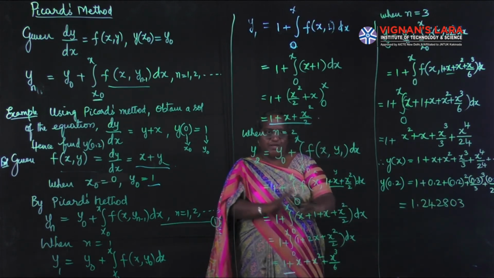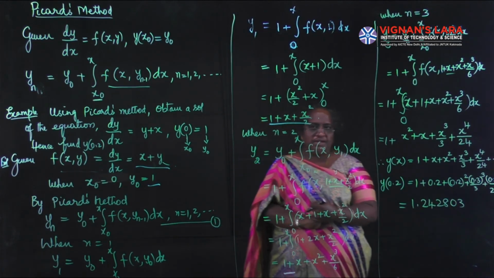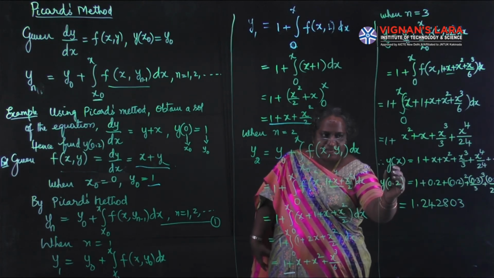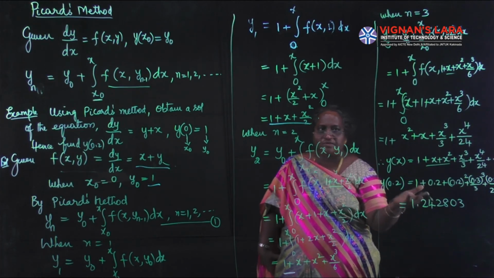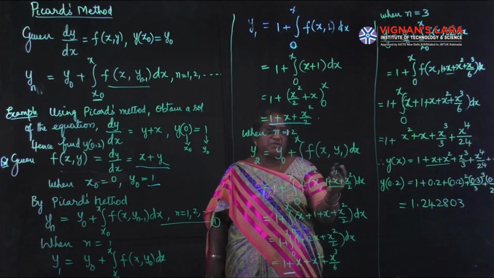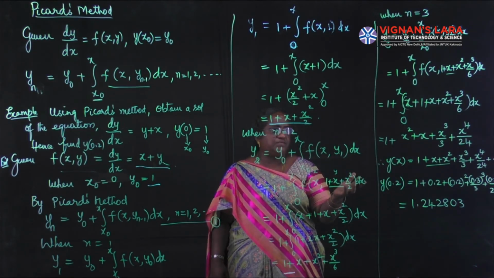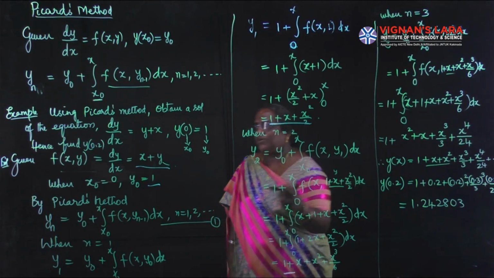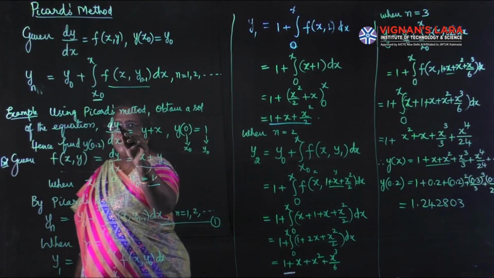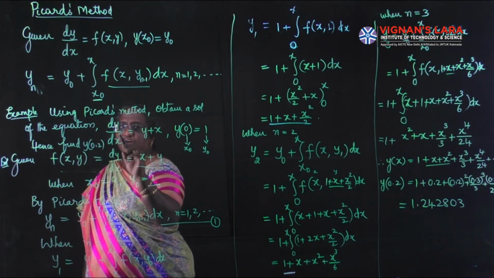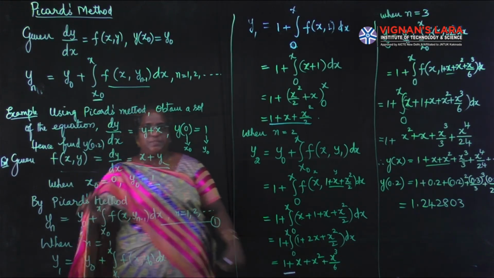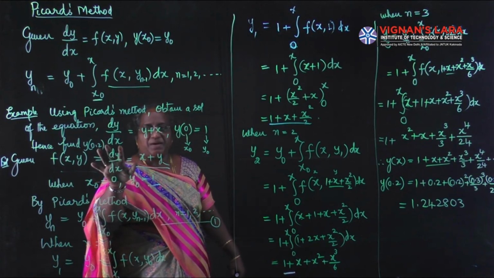If at all they ask what we are doing here: we are obtaining an expression for y in terms of x. That is the solution of the ordinary differential equation. What is the dependent variable here? y is the dependent variable. We are expressing the dependent variable in terms of the independent variable. What is the independent variable? x is the independent variable.